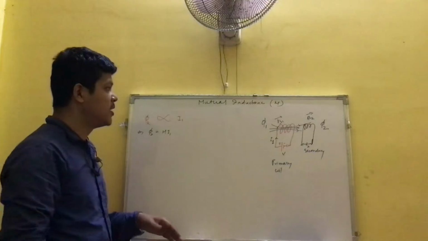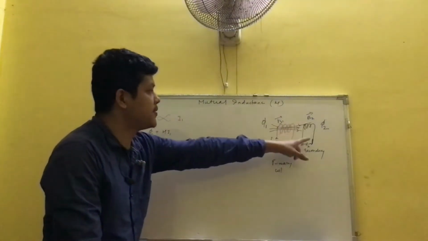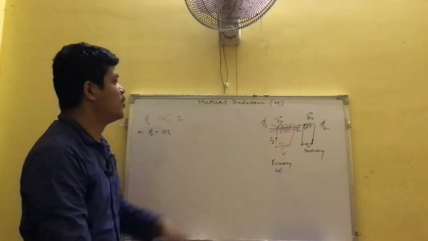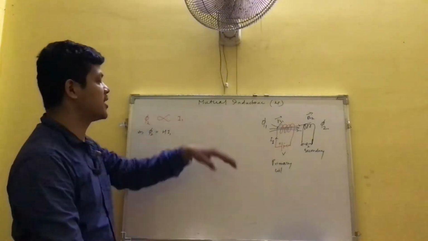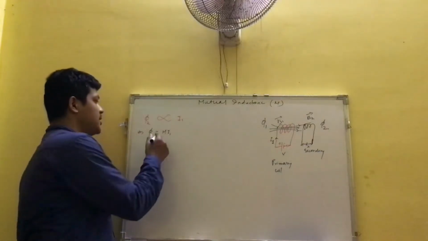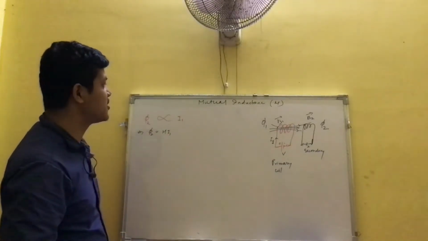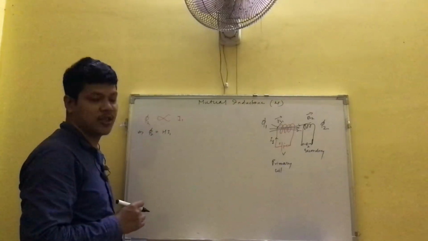The process of inducing EMF here, to oppose the change in the primary coil, is mutual induction, and this constant M is the coefficient of mutual inductance, or simply you can say mutual inductance.